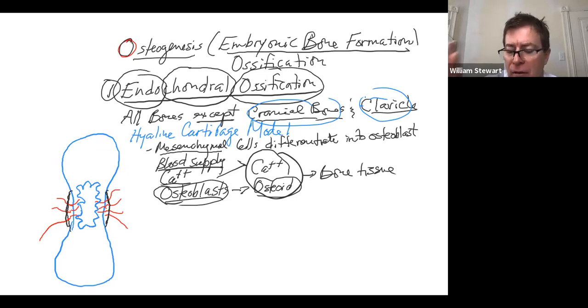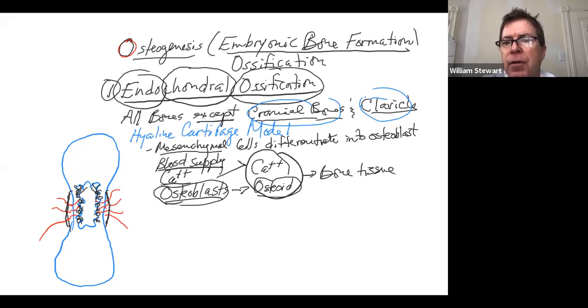Then, step 3 is a periosteal bud invades internal cavities and spongy bone forms. So mesenchyme differentiates into osteoblasts here. We have blood, we have calcium, now we have bone forming cells inside of there, and spongy bone gets laid down.